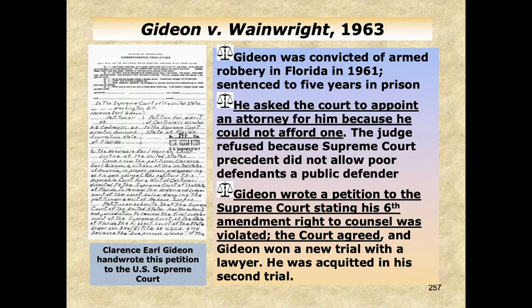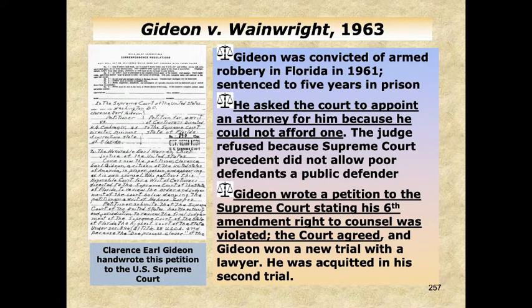So Gideon, from jail, writes a petition to the Supreme Court saying that his Sixth Amendment right to counsel was violated. So that's a copy of his handwritten petition to the court. And the Supreme Court's like, you know what? Yeah, let's take up the case.